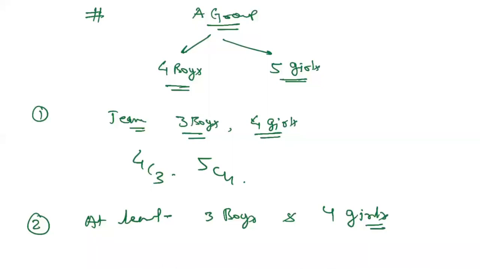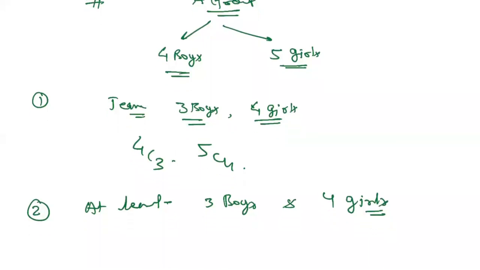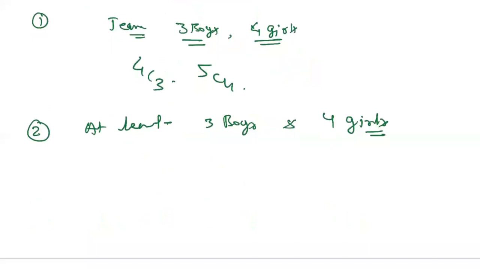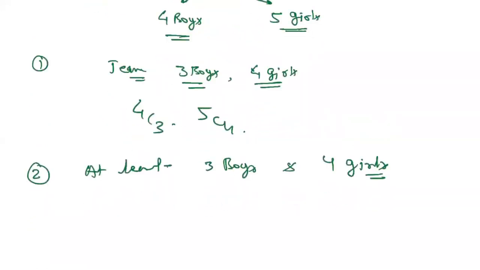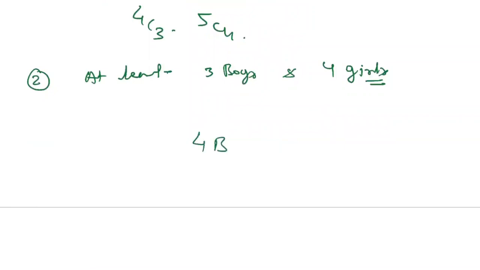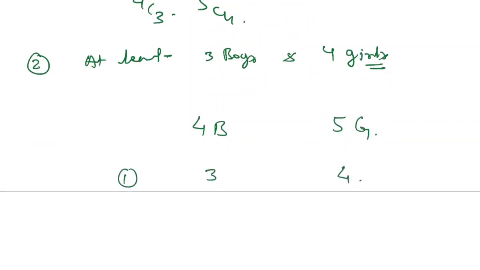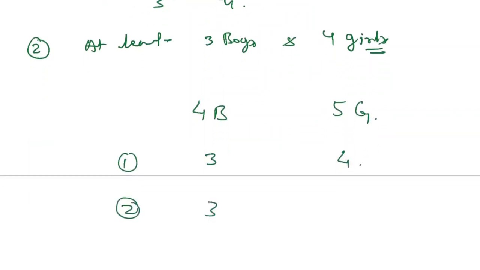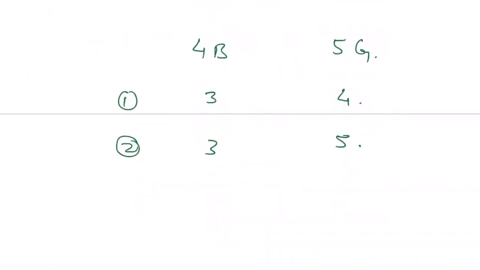So when we are using the word at least, we have to go with the total number of boys, 4 boys and 5 girls. Case first, 3 boys, 4 girls. Case second, 3 boys, 5 girls. Case third, 4 boys, 4 girls.